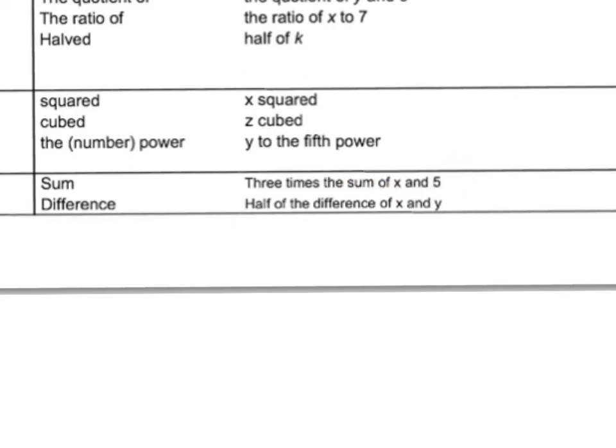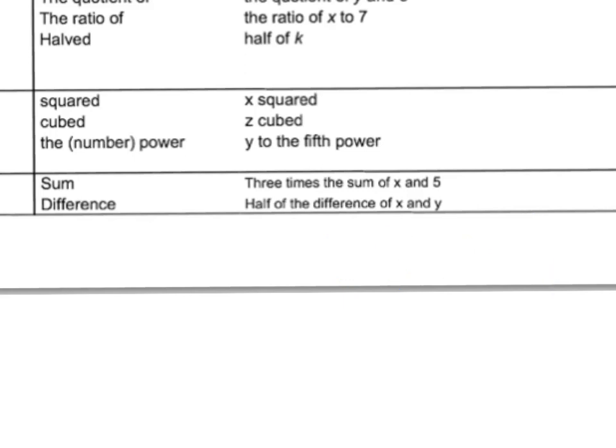So I'm going to find the sum of x and 5 first, and then multiply it times 3. So the way we would write that would be, I would take the x plus 5, and put it in parentheses, right? I'm grouping those together, and then I'm going to do 3 times that. Anytime I have a number outside of a parentheses and there's no operation between it, so right here we see 3 pushed up against a parentheses, that means I'm going to take 3 and multiply it by whatever is done inside of this parentheses.